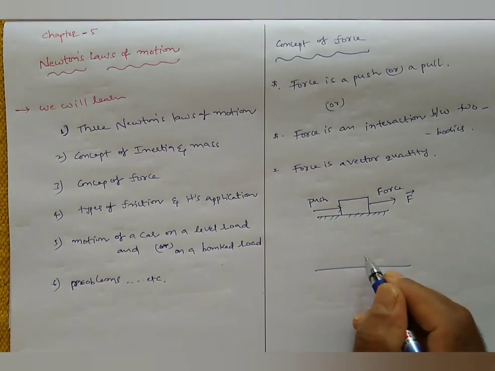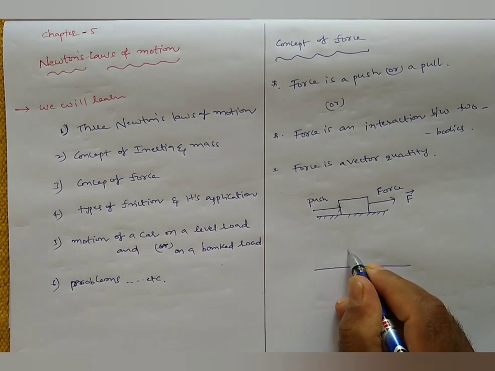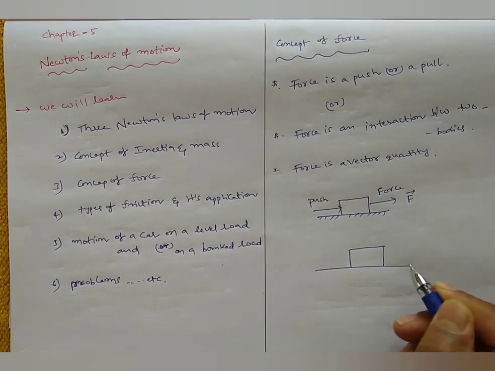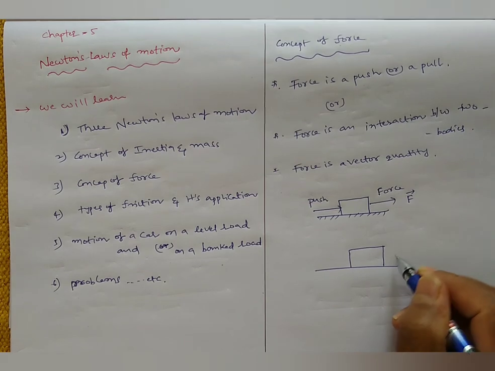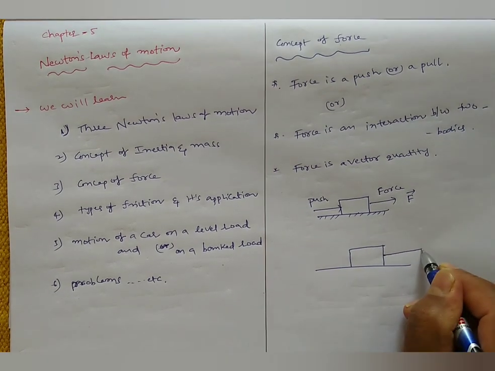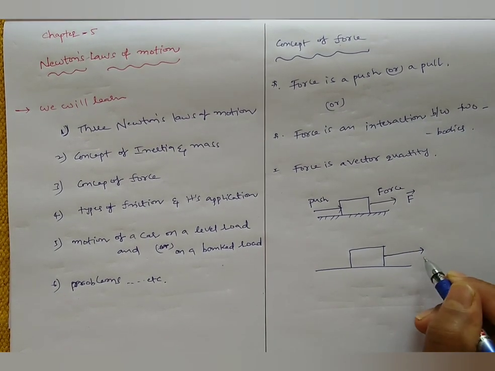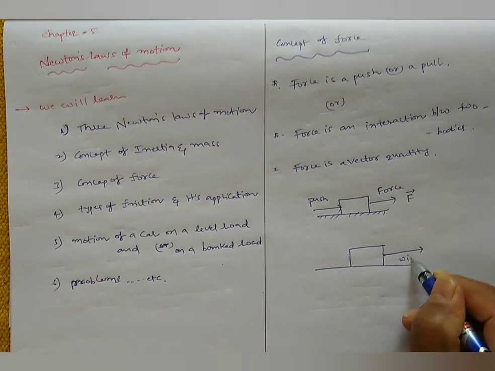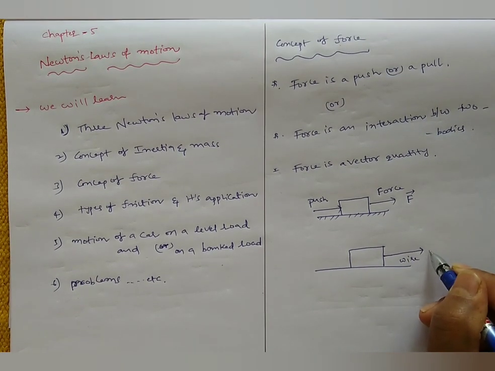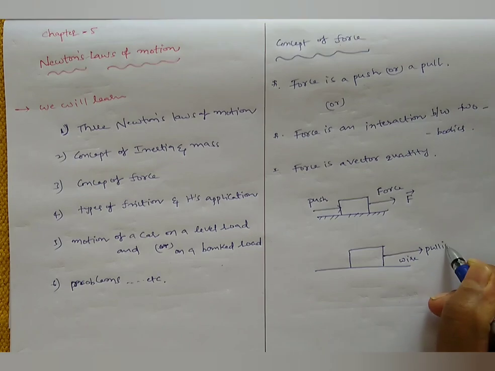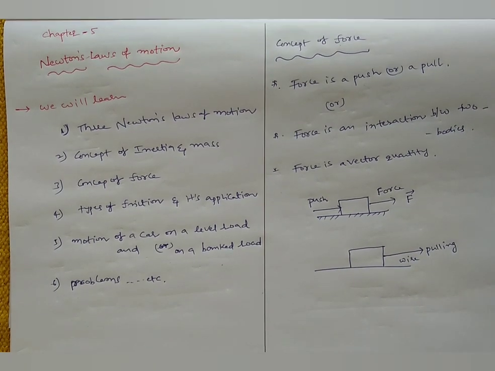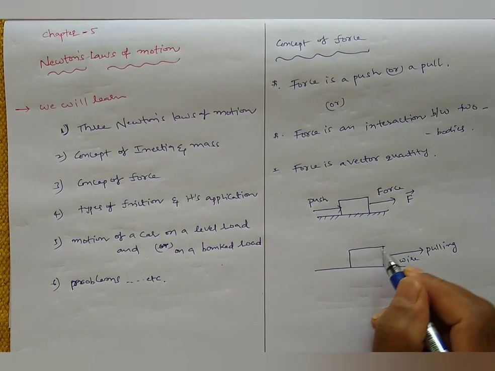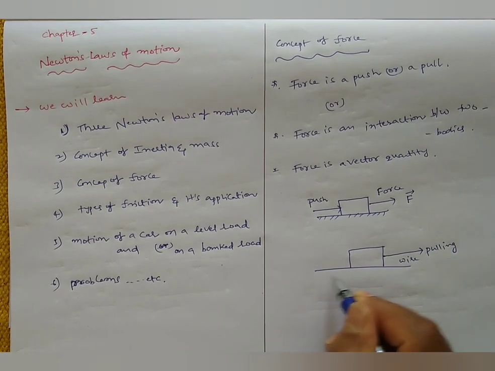Take one more example. Suppose you are pulling this object by using this wire, so a wire is attached here. Now we are pulling. Then also the body will move.